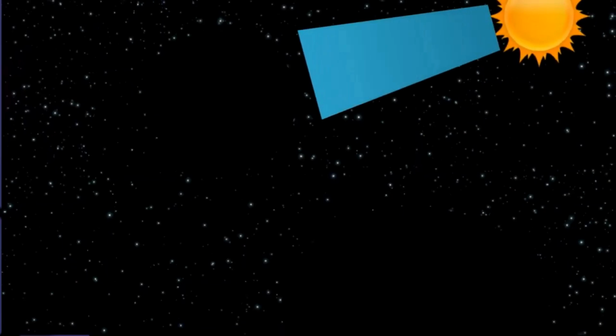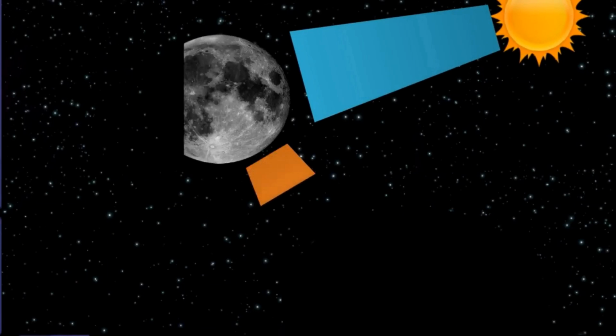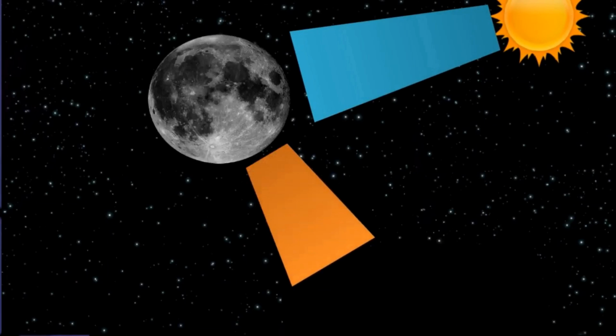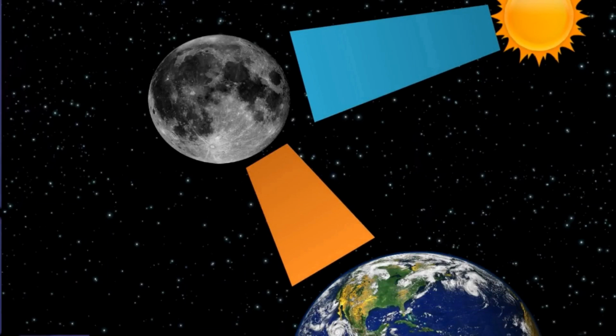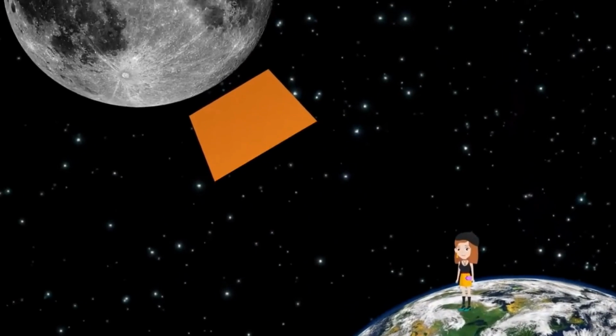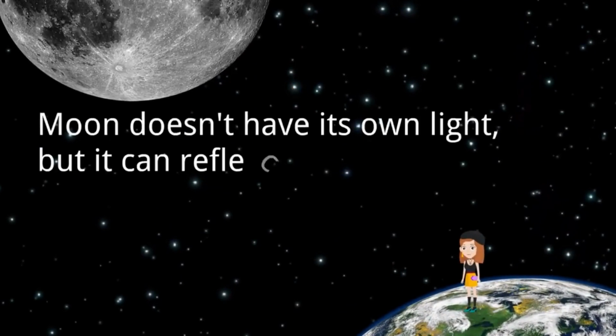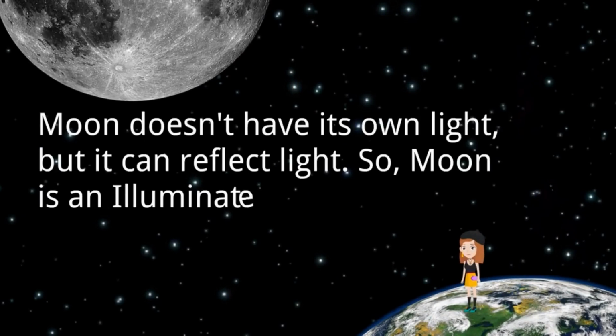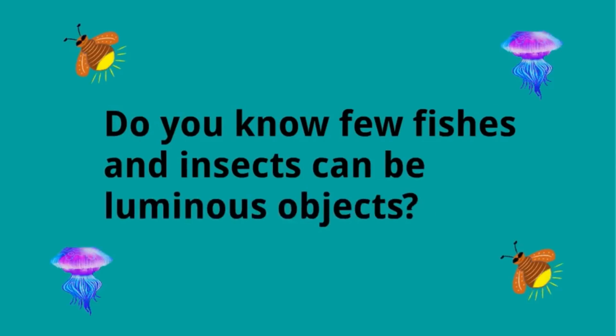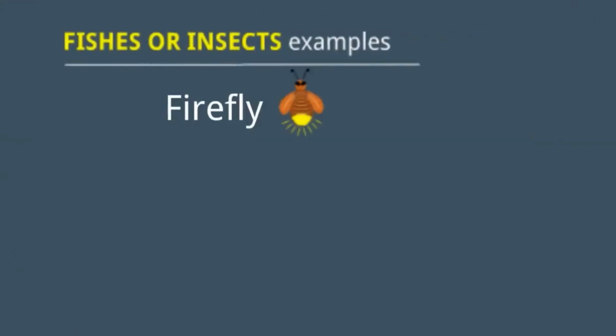See, sunlight is falling on the moon and it is reflected to our earth and we can see it. So from the earth you can see the moon. The moon doesn't have its own light, although it is bright at night. The moon is an illuminated object.